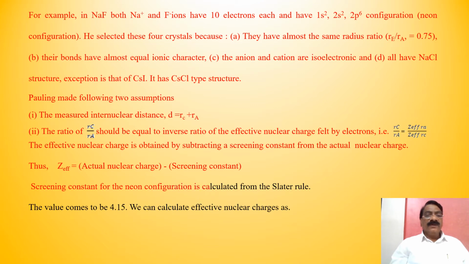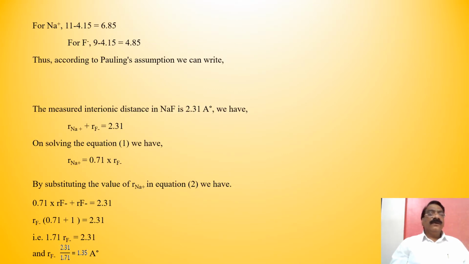Screening constant for the neon configuration is calculated from the Slater rule. The value from Slater's rules for neon configuration is 4.15. We can calculate effective nuclear charge as, for Na+, 11 minus 4.15 is equal to 6.85.